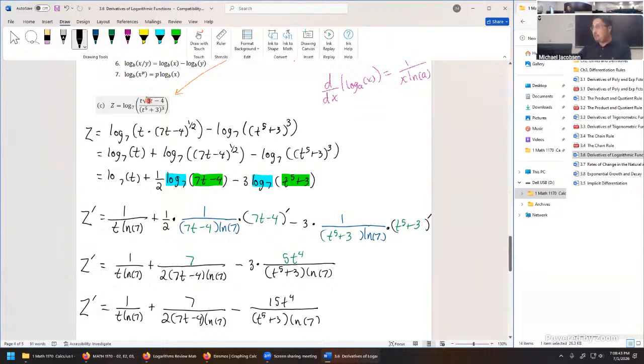And when you do the product rule, you have to differentiate root 7t minus 4, but that's a chain rule. And you'll also have to differentiate t to the 5 plus 3 cubed. That's another chain rule. It's a gigantic mess. The algebra really explodes on this one. But if you took all those steps and simplified way, way down, it's just that.